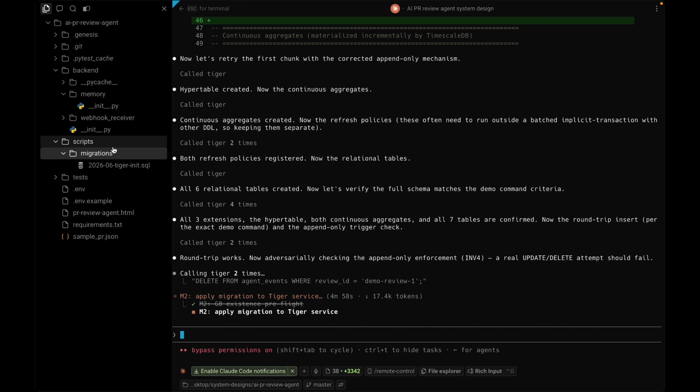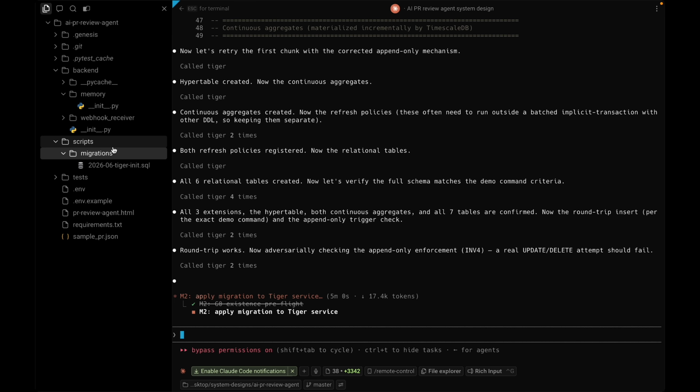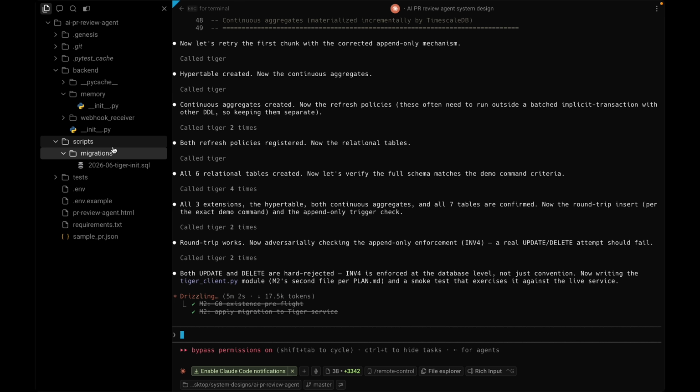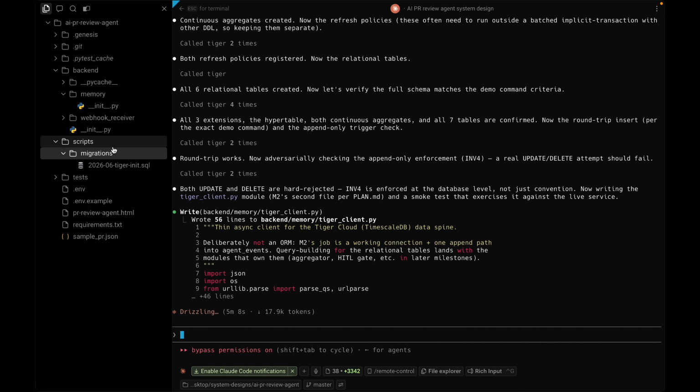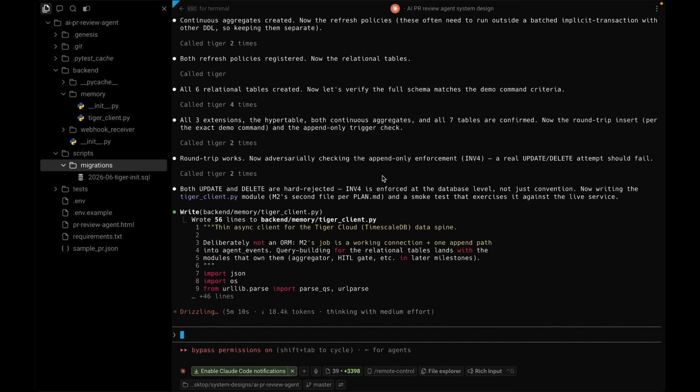Every time I open Twitter, something is coming up there live. Nice. Both update and delete are hard rejected. Perfect. Amazing. You see how beautifully it is doing. Invariant 4, which is the context driver genesis, is enforced at the database level, not just by convention.